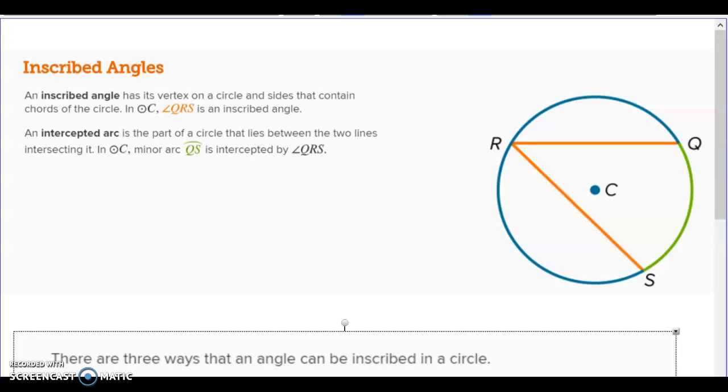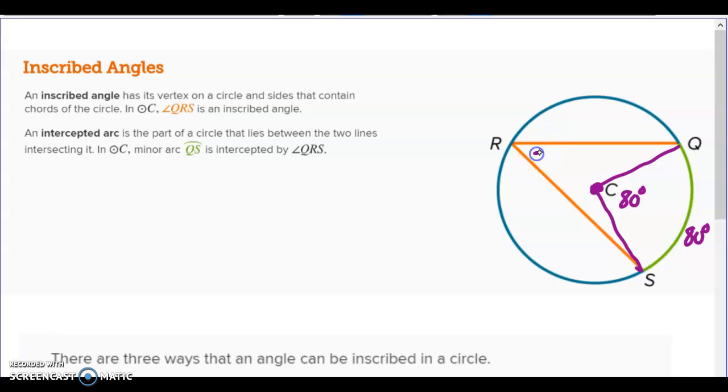So remember, central angles started at the center, right? So this is at the center. So let's say that this was 80 degrees, right? Well, then we knew this arc was 80 degrees, okay? Well, notice this orange angle, that's called an inscribed angle. It says its vertex is on the circle, okay?